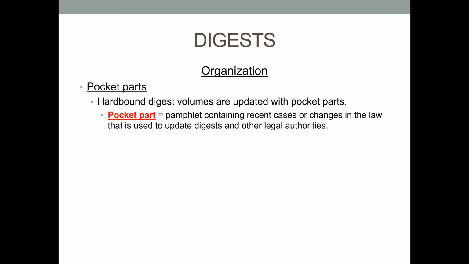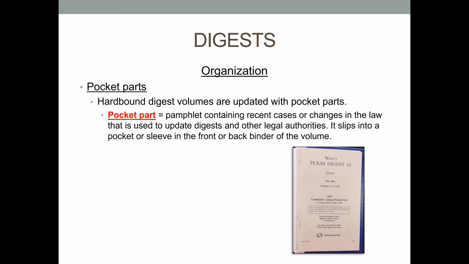And a pocket part is simply usually a newsprint pamphlet that will contain additional abstracts or head notes from new cases, and again, organized in the same way that the hardbound volume is. And that pocket part will slip into an opening in the very back cover of each volume that it relates to. And so we call those the pocket parts.